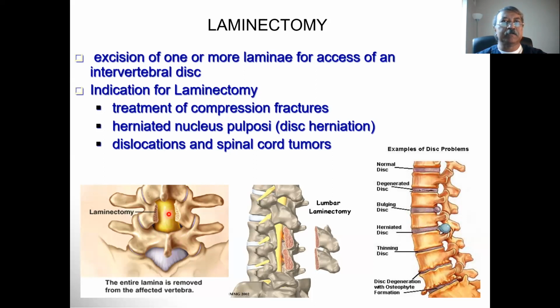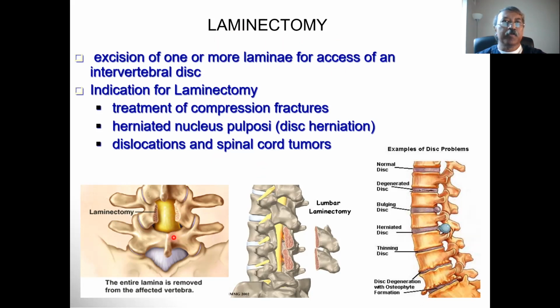Then we have exposure of the major structure underneath, the spinal cord or dura sac or the nerve roots. This removal of this area of the lamina, including the spinous process, is called laminectomy.